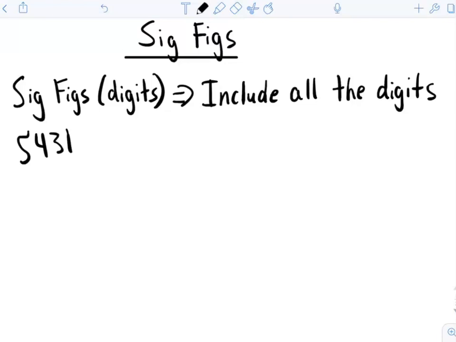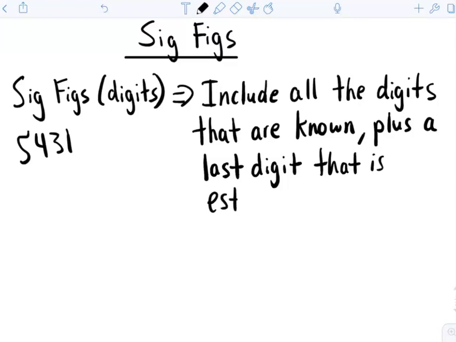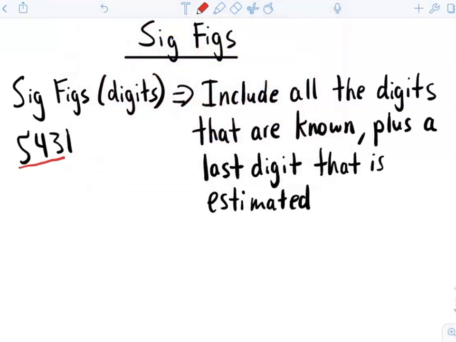So, include all the digits that are known plus a last digit that is estimated. So, for example, in this number that I had just made, we could say that we know for certain about the 543, and then our estimated digit would be the very last one.